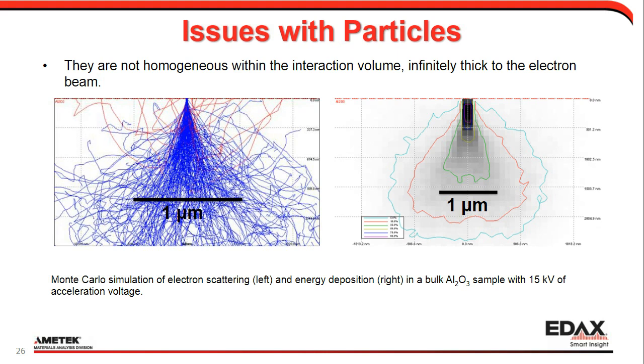On the right-hand side, the cyan outline is where the electrons have 5% of energy left. So from this, we can interpret the cross-section of the interaction volume is about 2 micron by 2 micron. That means the interaction volume is on a scale that is comparable to or even larger than the particle size. If your particles are relatively fine-grained, that means not all of the energy is deposited inside your particles.